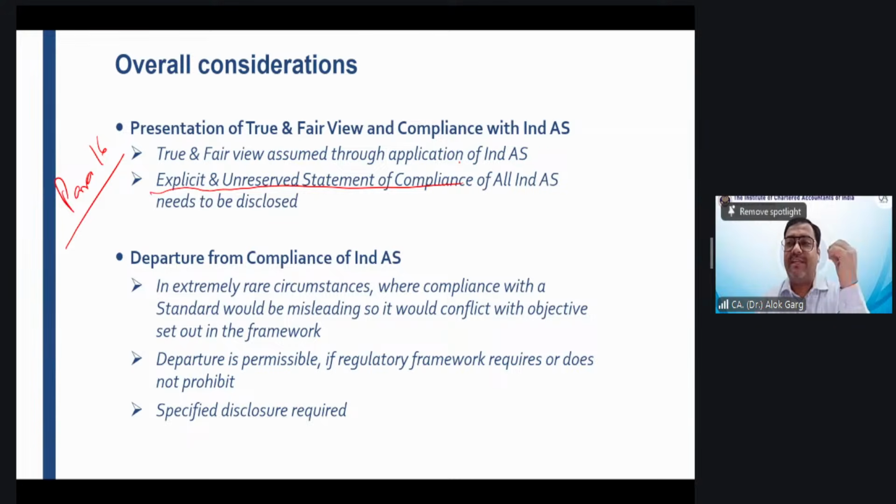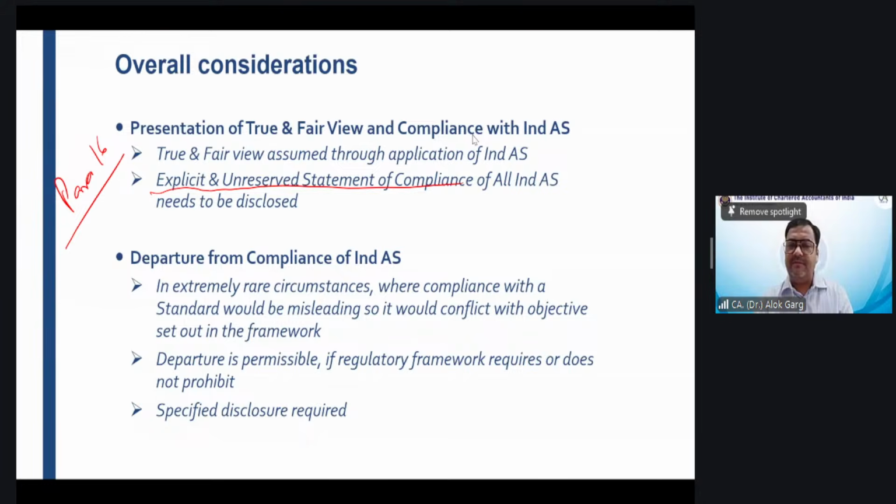What is meant by explicit? Clear cut. What is meant by unreserved? Unqualified. Unreserved means without any subject to, without any ifs or buts. Yes or no, objective type. So para 16 of Ind AS 1 says that management has to give an explicit and unreserved statement of compliance with all applicable Ind AS.